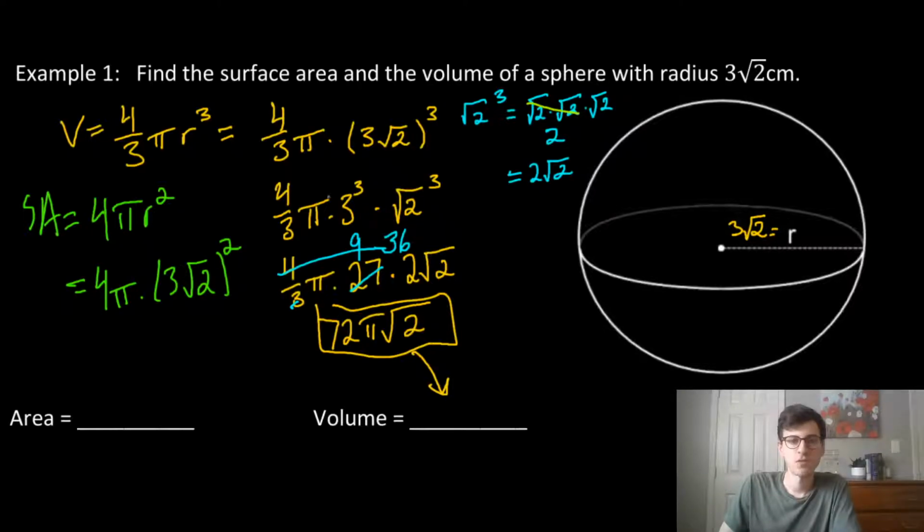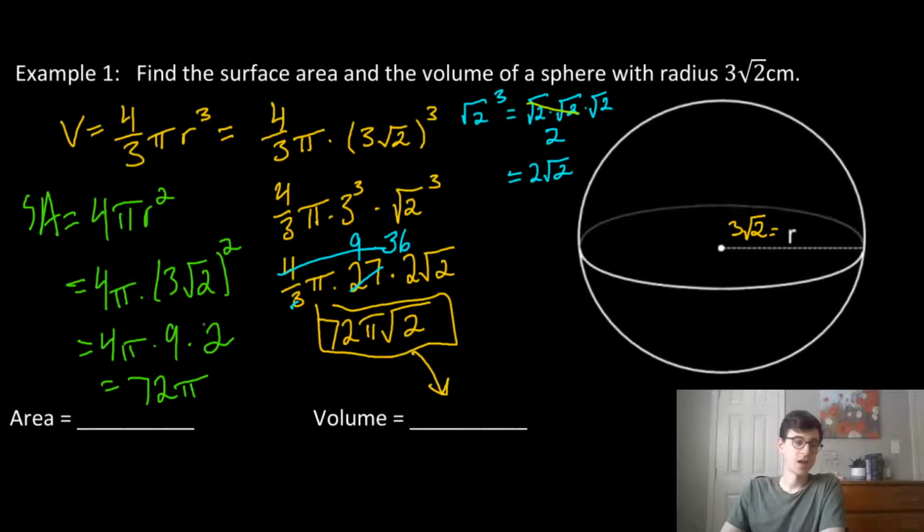And as we said, 3√2 squared, that's 3 squared times √2 squared. That's 4 pi times 3 squared, which is 9, times √2 squared, which is 2. And then 4 times 9 is 36. And 36 times 2 is 72. So that's 72 pi.